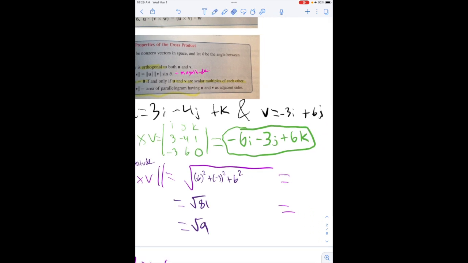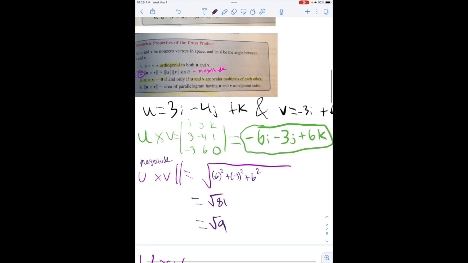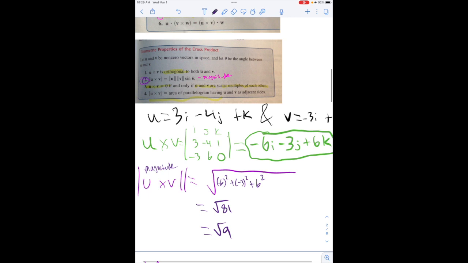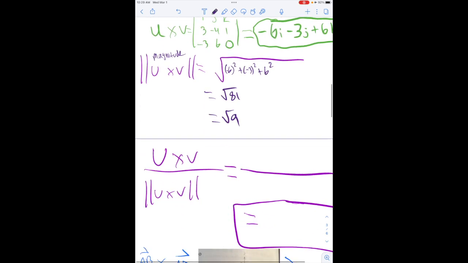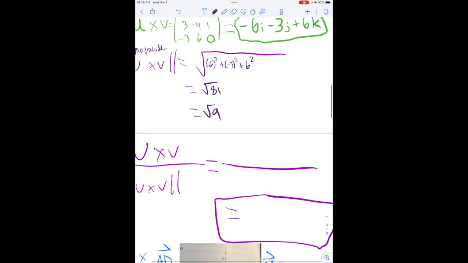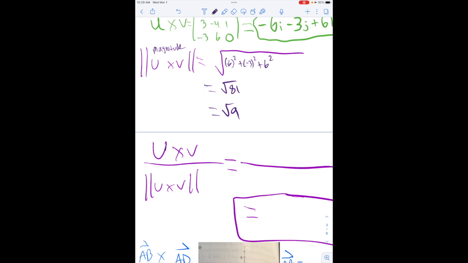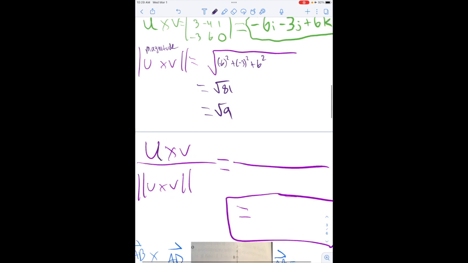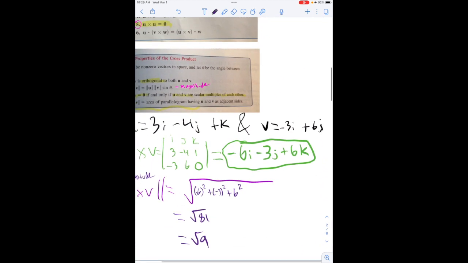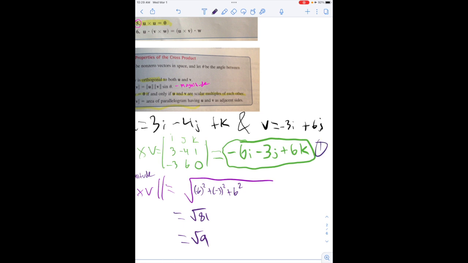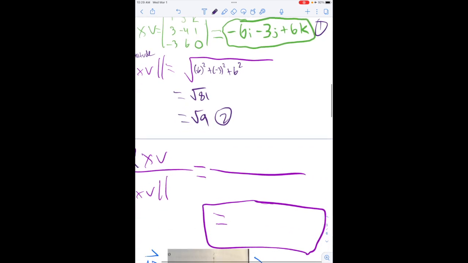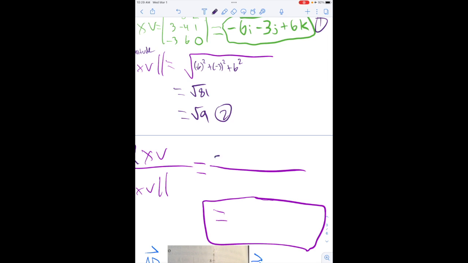Therefore, a unit vector orthogonal to both U and V, which again, what did we do? We took the cross product of U times V, and when we looked at the magnitude of the cross product, we ended up getting negative 6I minus 3J plus 6K over 9.